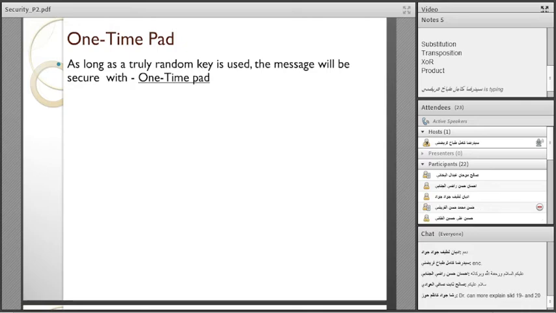These were the different encryption methods that we were trying to explain, bringing some examples about each of them.